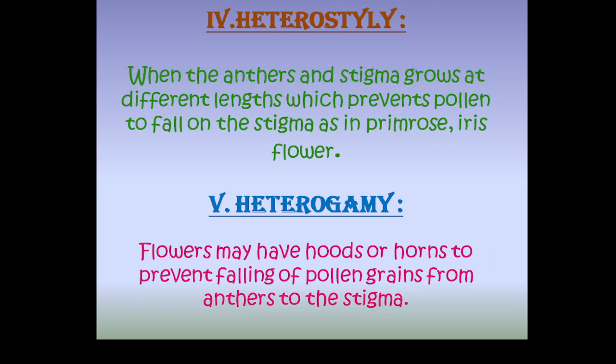See here and see here. It is heterostyly. In B1, you can see the anthers are at a higher height and the stigma is lower. Similarly, in A, the anthers are at a lower height and the stigma is in the upper.